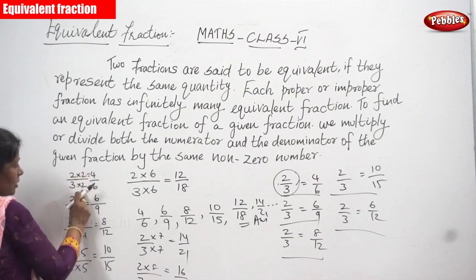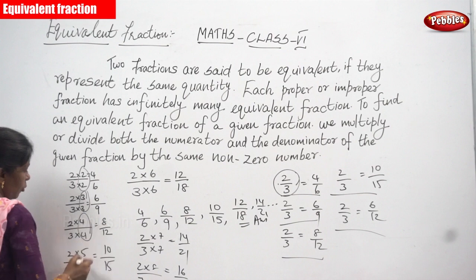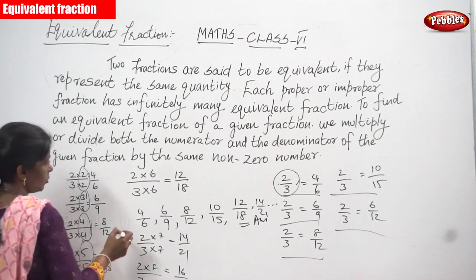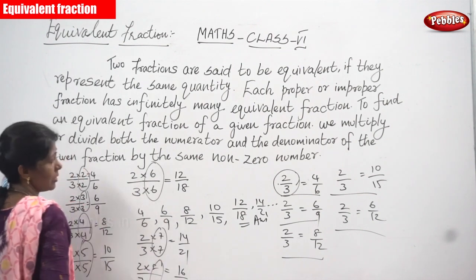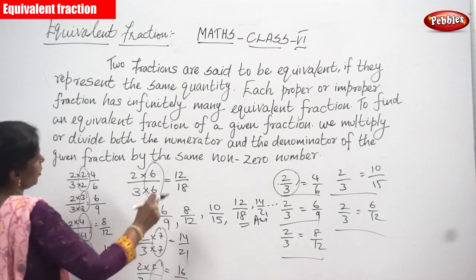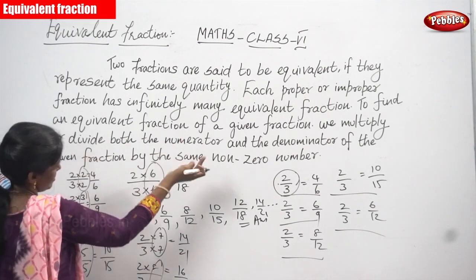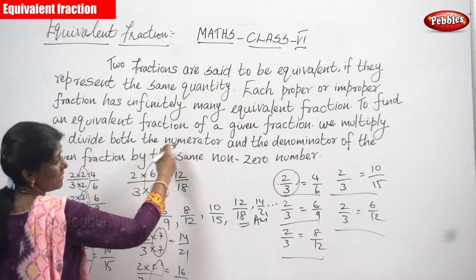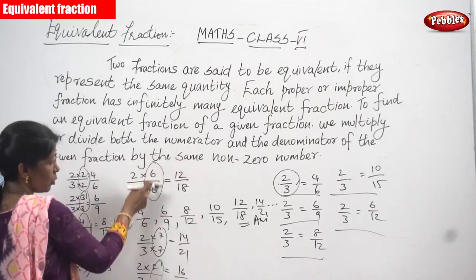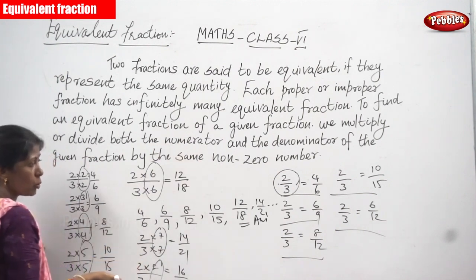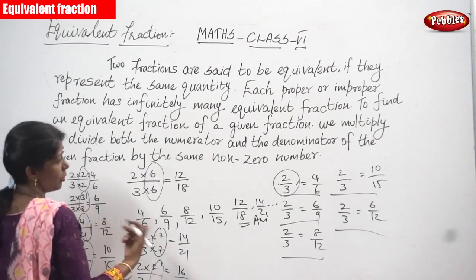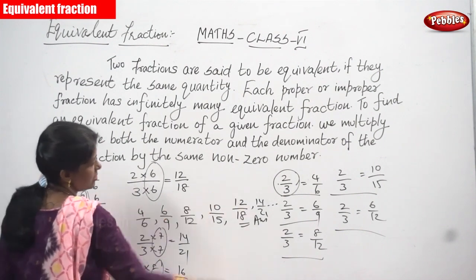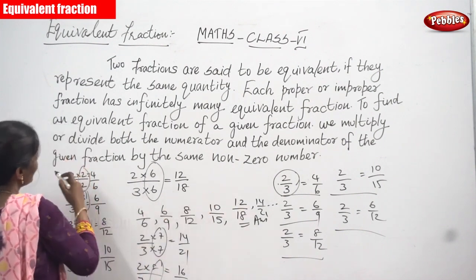That is, multiply by 2, 3, 4, 5, 6, 7, and 8. Or we can multiply or divide both the numerator and the denominator. I am doing only the multiplication. If you want to do the division also, I showed you already as the checking method. Then you can get the root fraction 2 by 3, the given fraction.